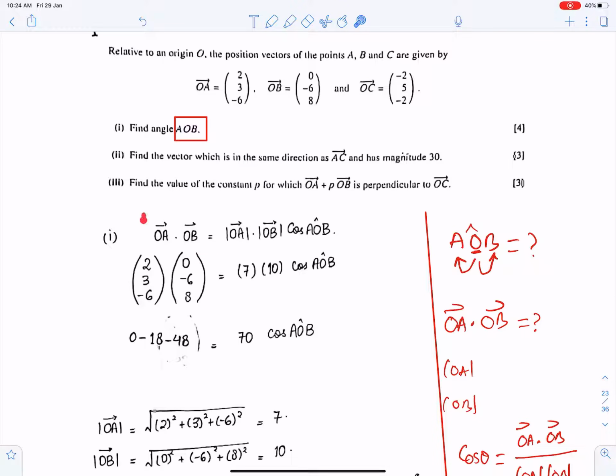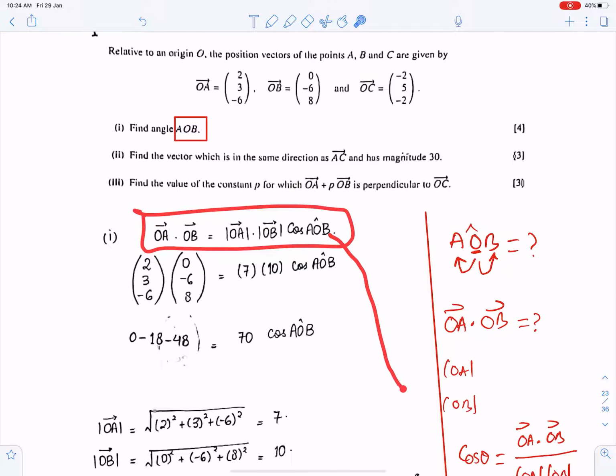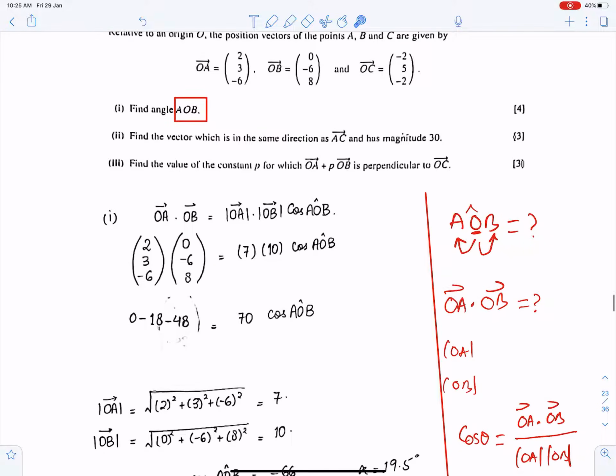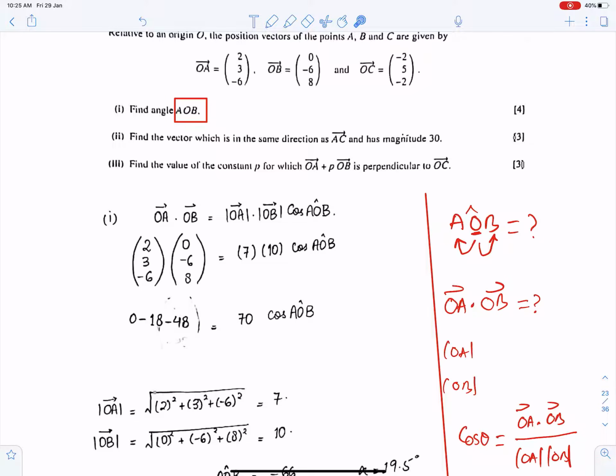First, this is the formula, and I made cos theta the subject, and I suppose this angle as theta. So first get the dot product. And how to get the dot product, I tell you. You just need to multiply these two vectors in this way.